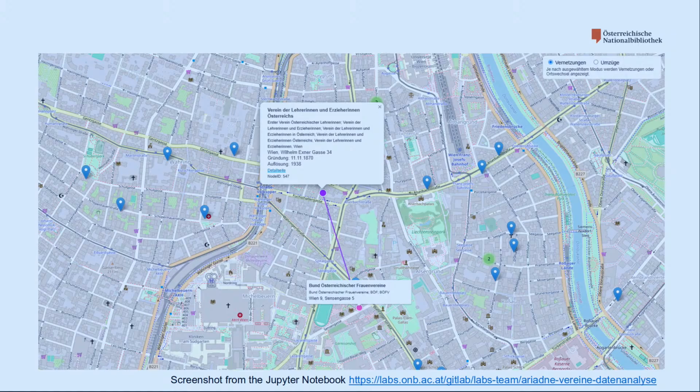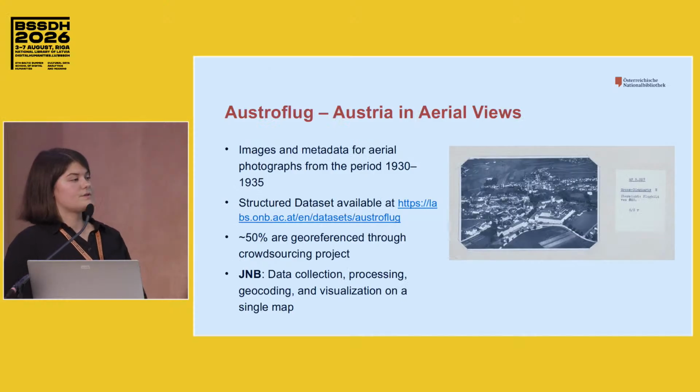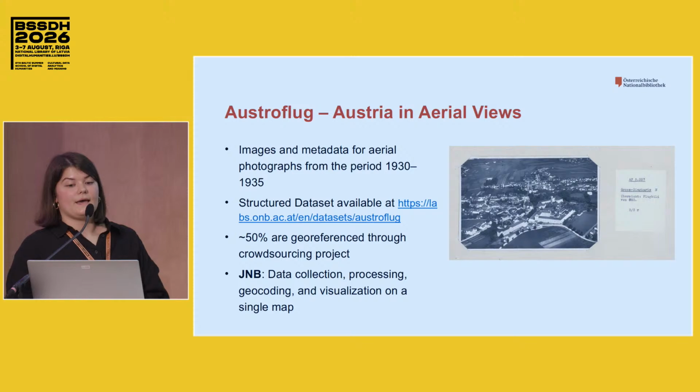Another project which also focuses a lot on geographical data is Austria and aerial views. We have a collection with images and metadata of aerial photographs from 1940 to 1945.